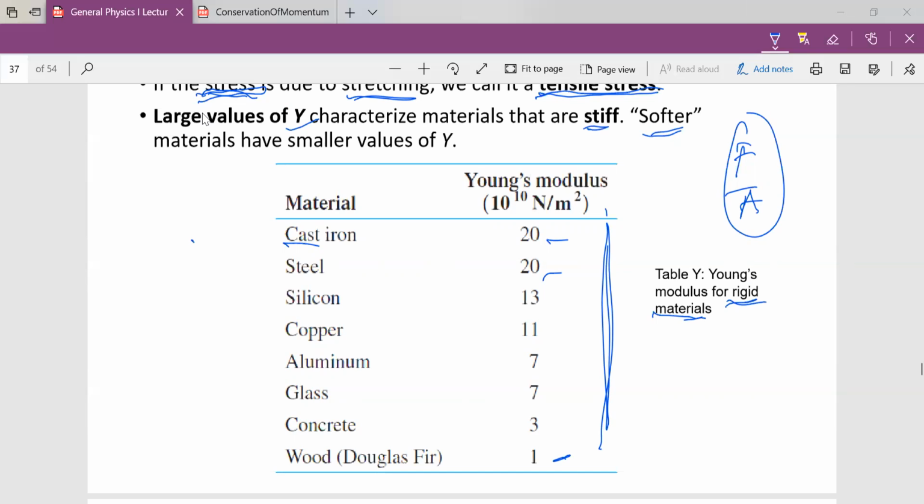For example, if you get live wood and cut it, as it gets dry, you see it compressing. There's a way you can process that wood as well, you can also make it enlarge or stretch out. So you see high Y leading to stiffer material.